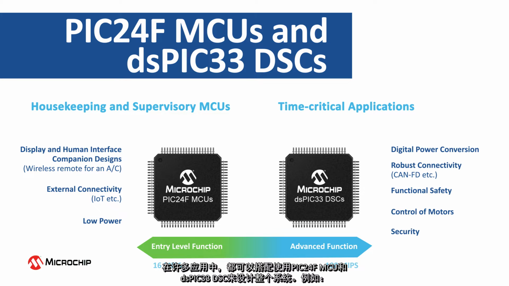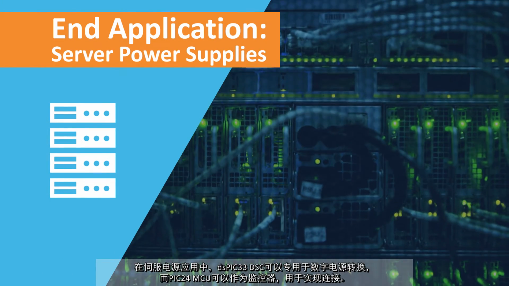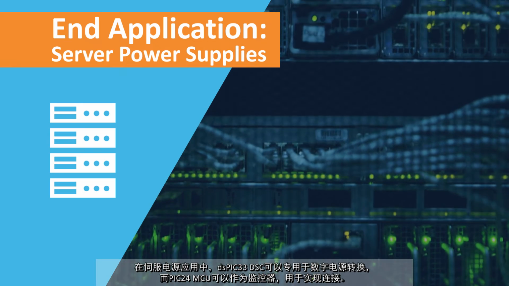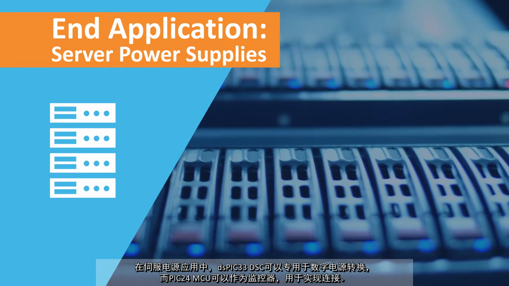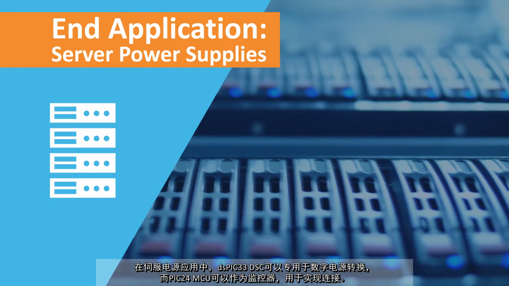There are many applications where a PIC24F MCU and a dsPIC33 DSC can be used to design a complete system. For example, in server power supplies, the dsPIC33 DSC can be dedicated for the digital power conversion, while the PIC24 MCU can be a supervisor, implementing connectivity.